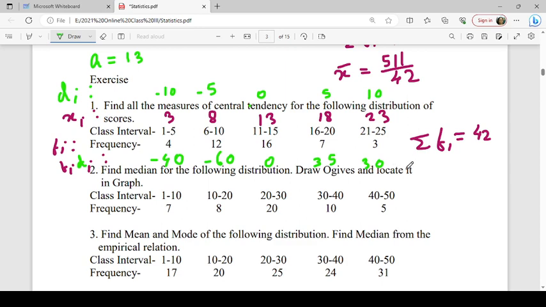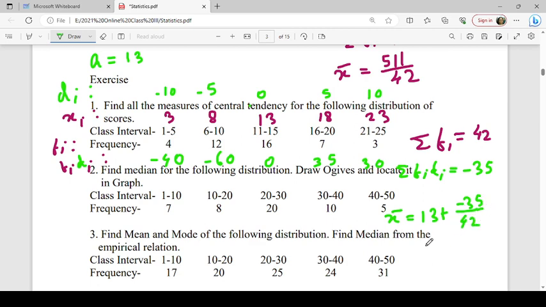And summation fi di is 65, it is positive, so it is minus 100 plus 65, it is minus 35. So x bar is, by that formula, a is 13 plus summation fi di is minus 35 and n is 42.